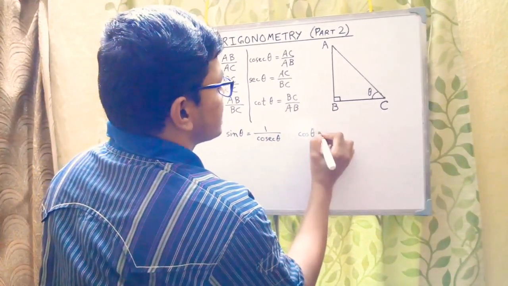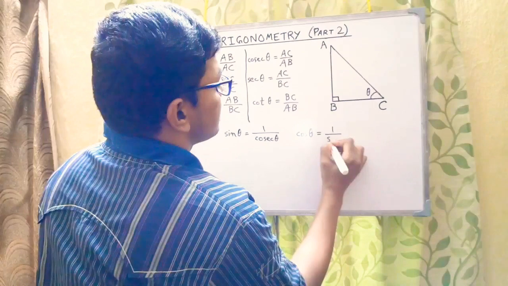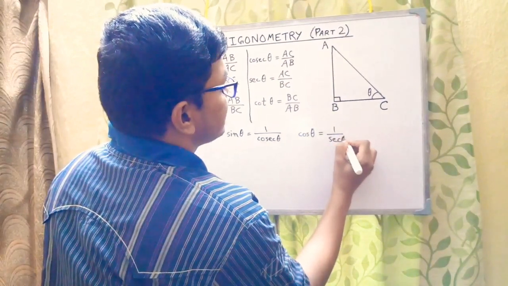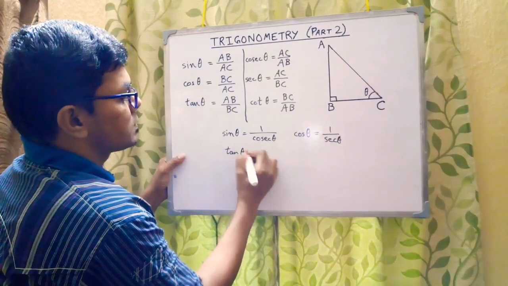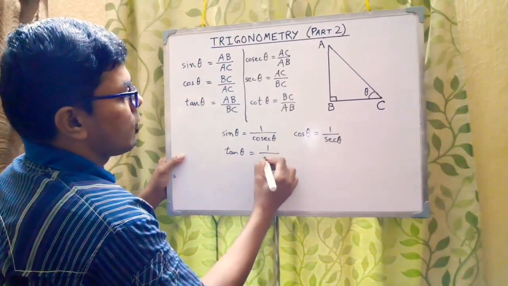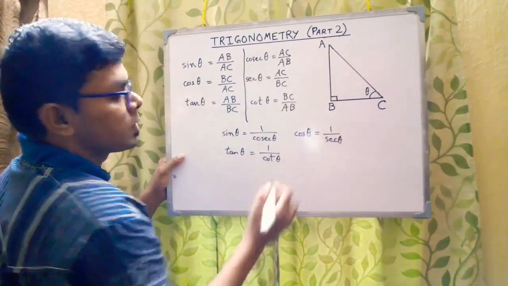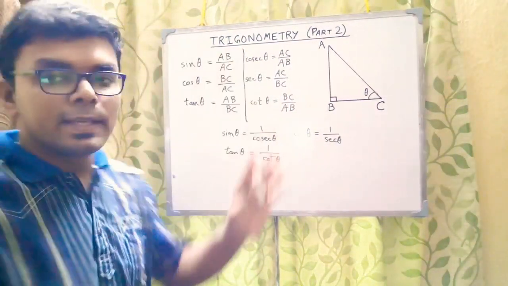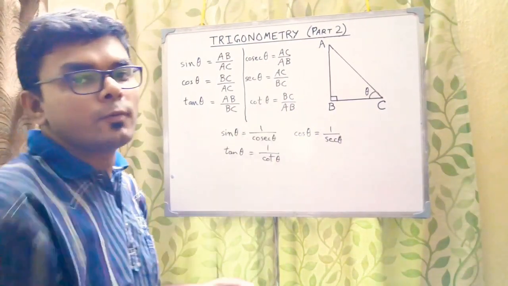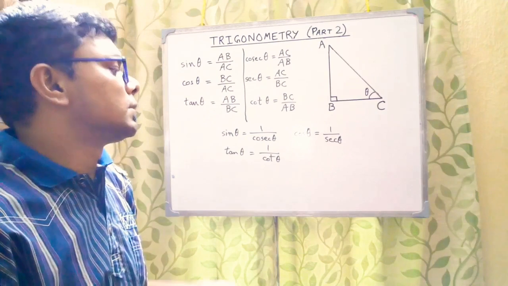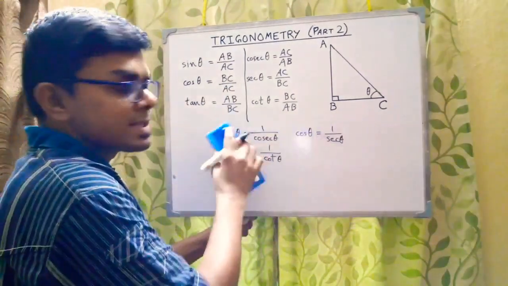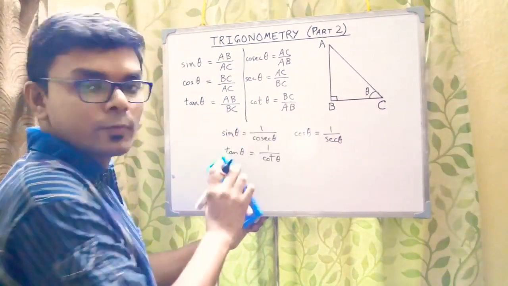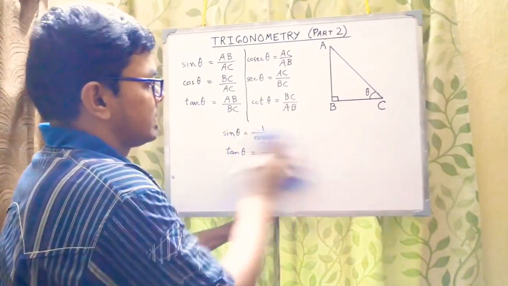Cos theta equals 1 by sec theta, and tan theta equals 1 by cot theta. So these are the things which we learnt in my first tutorial video. We will move on with something else now. I am erasing this part because as of now this won't be necessary.